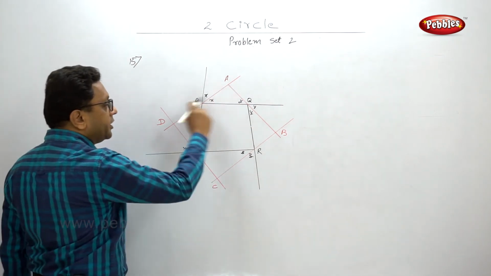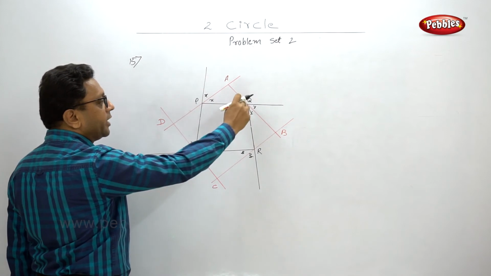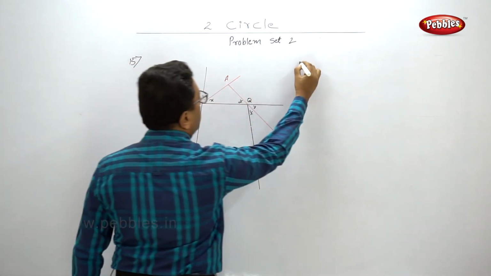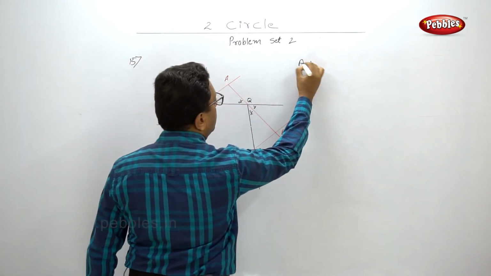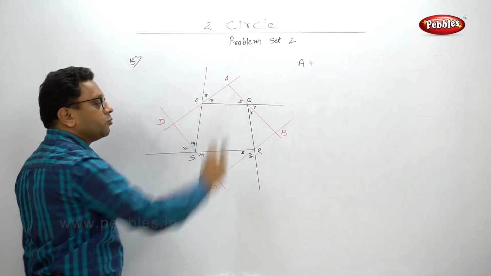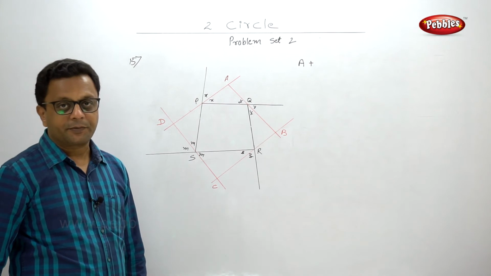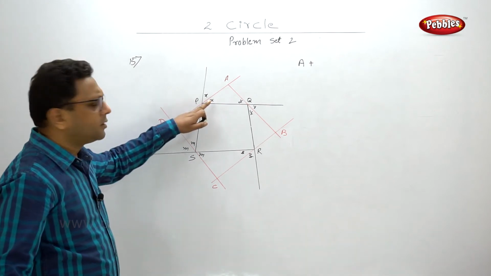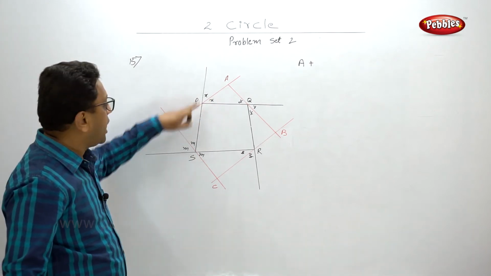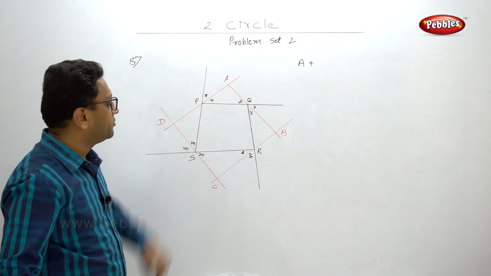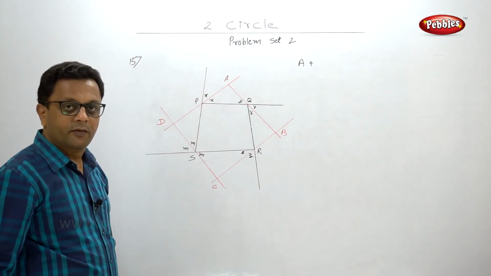Now in this triangle we have angle A plus angle x plus y is equal to 180 degrees, correct? But what is x? x is half of this exterior angle P, correct?